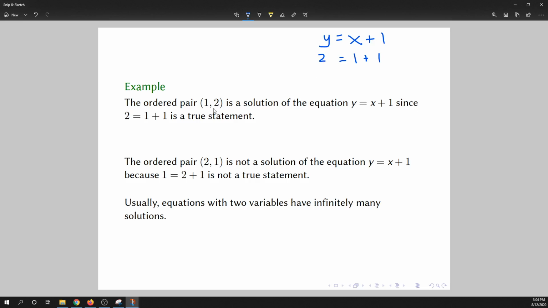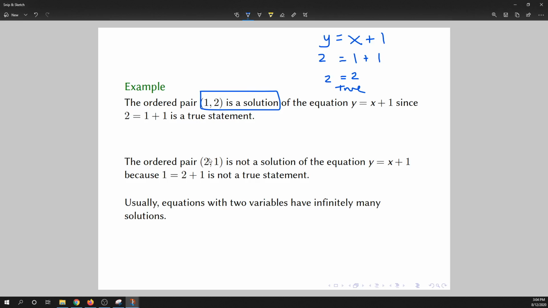When you plug these specific numbers in for the variables, you get a statement, which is something that's either true or false. Here, if we simplify both sides as much as possible, we get 2 equals 2, which is a true statement. That means (1, 2) is a solution of this equation.